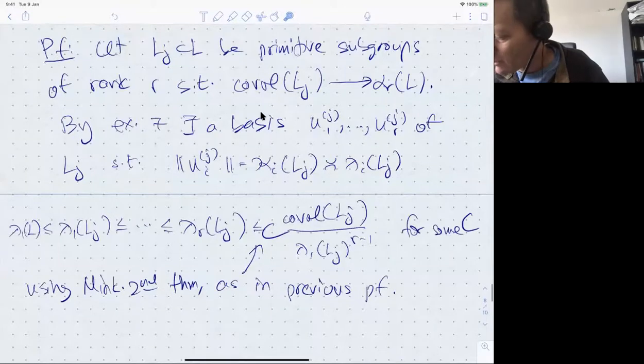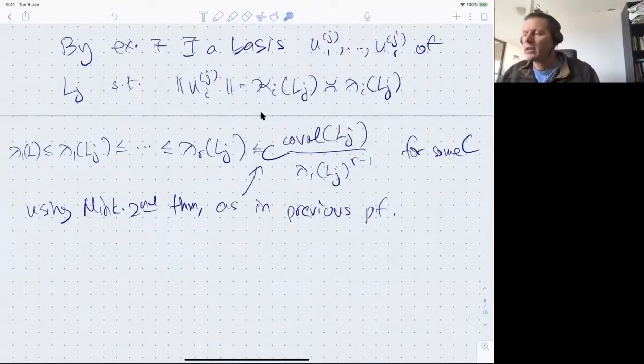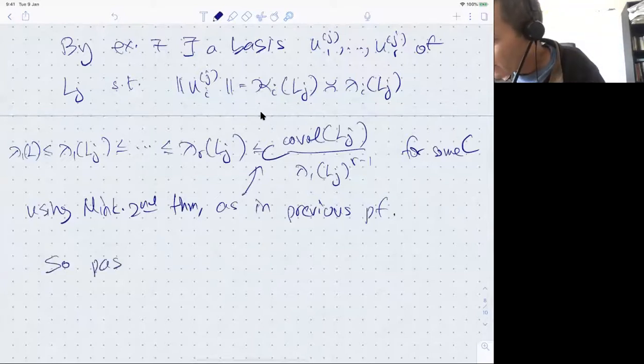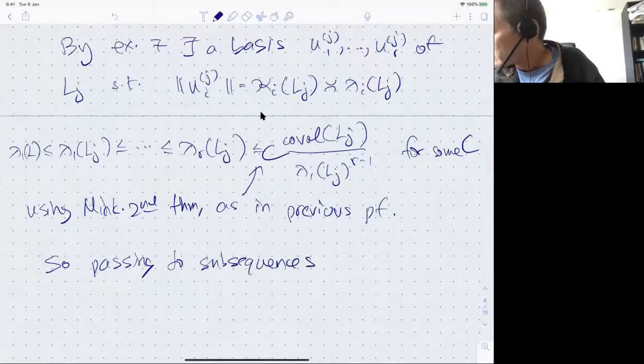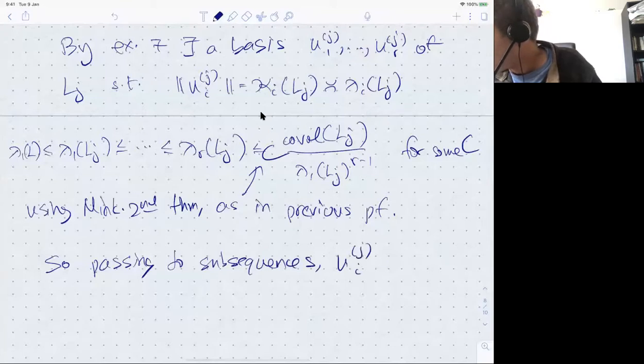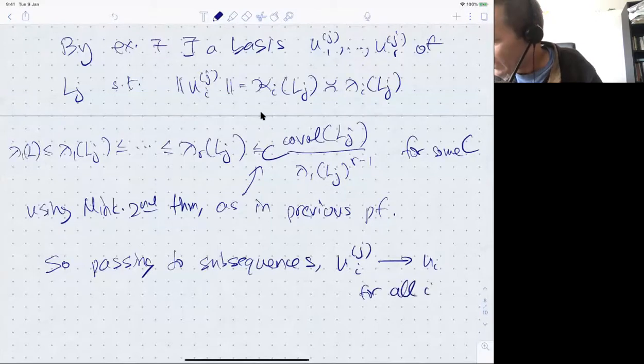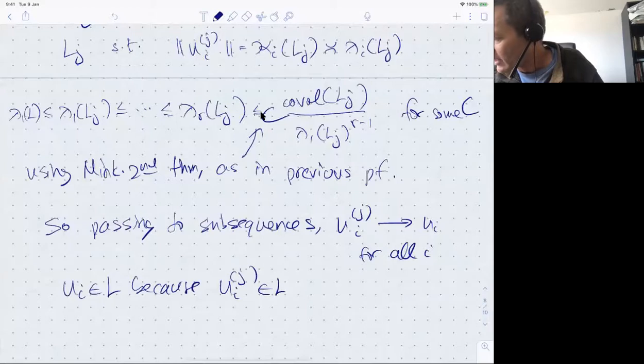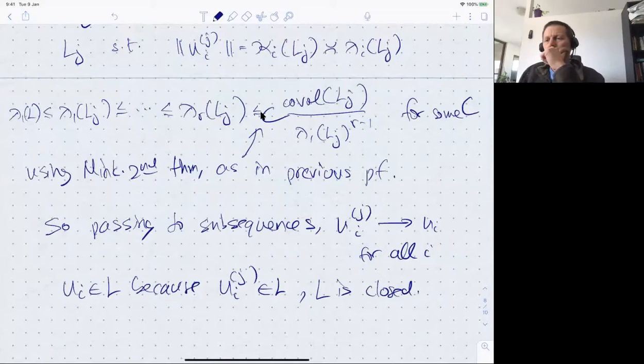So now we pass to subsequences. These are vectors in Rn which are bounded above and below, so we can pass to subsequences. We get this. And the ui are contained in L because the uij are contained in L, and L is closed. So what have we achieved?